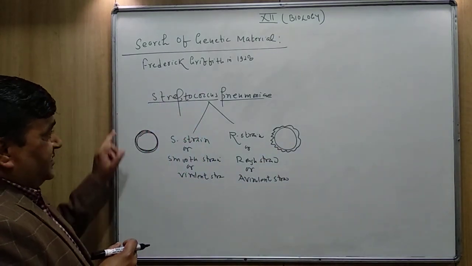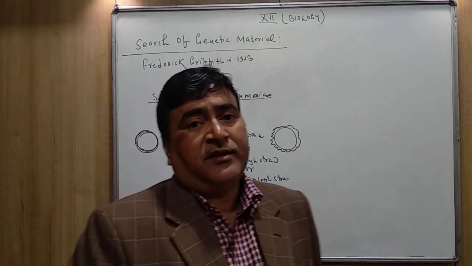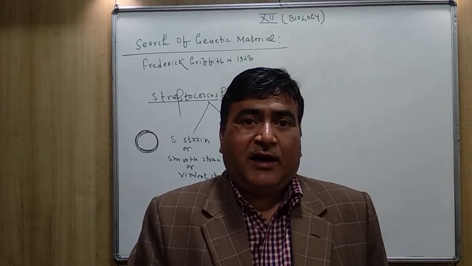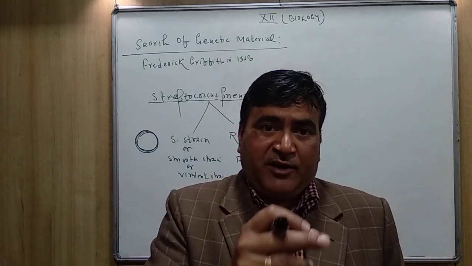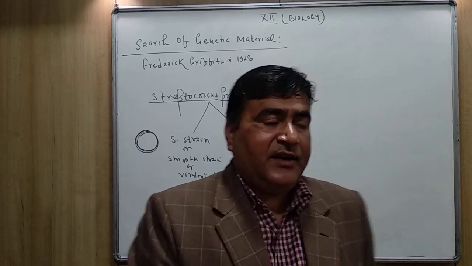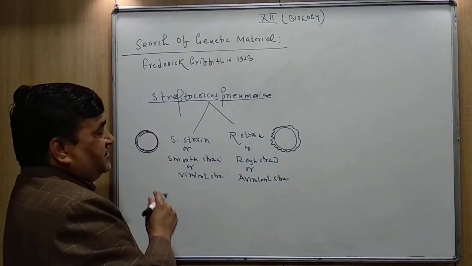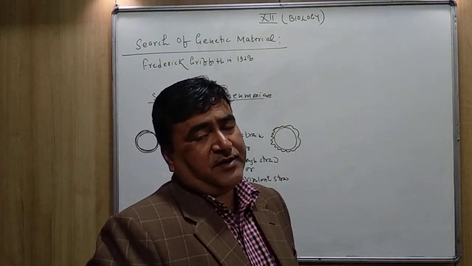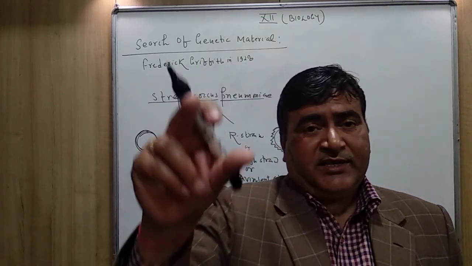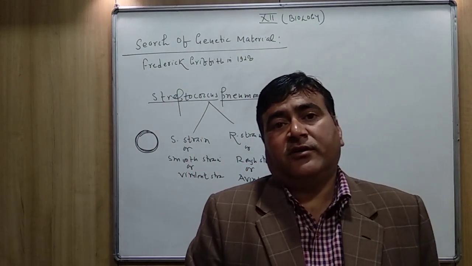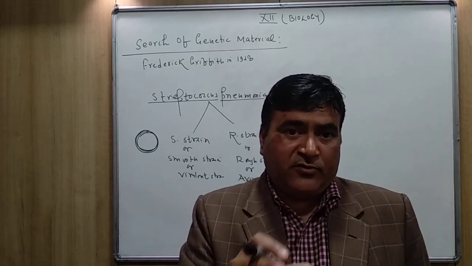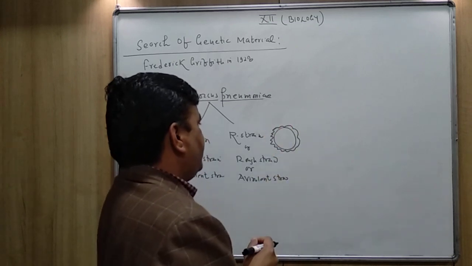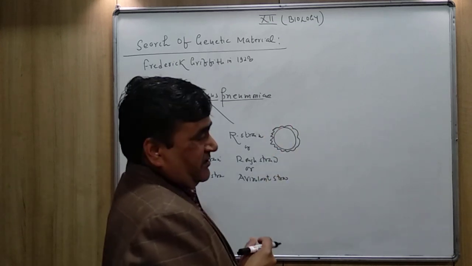The smooth surface is due to the presence of the polysaccharide. Because of the slime layer, the mucopolysaccharide, the surface is very smooth. In the R strain of the Streptococcus, this polysaccharide coating on the outside is absent, and that's why this strain is said to be avirulent, or the rough strain.